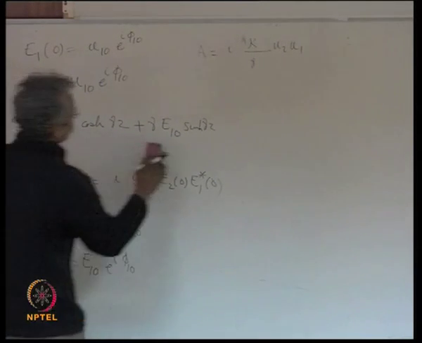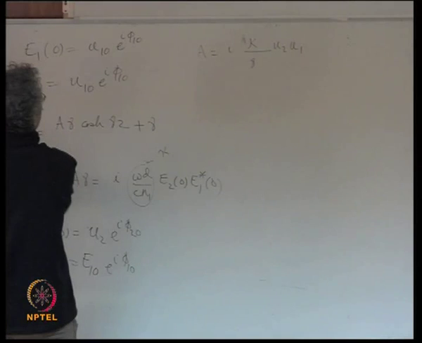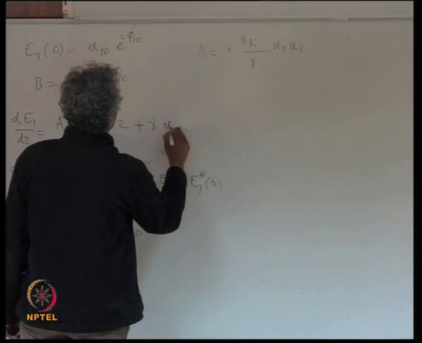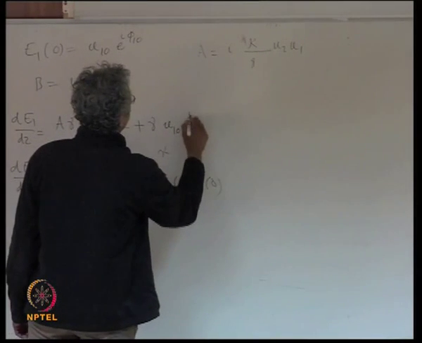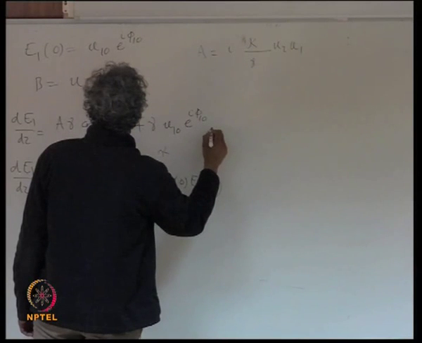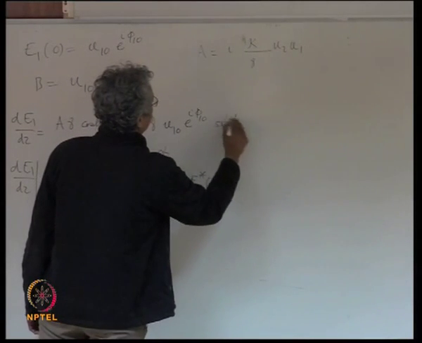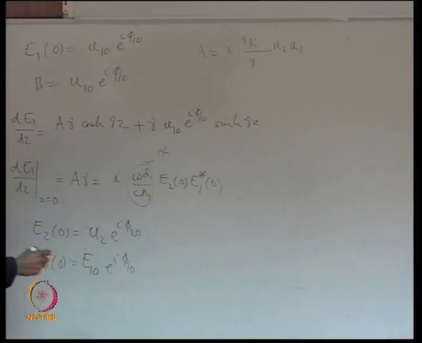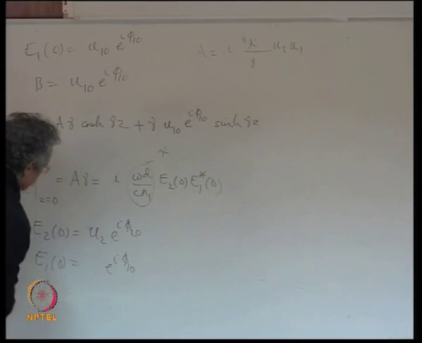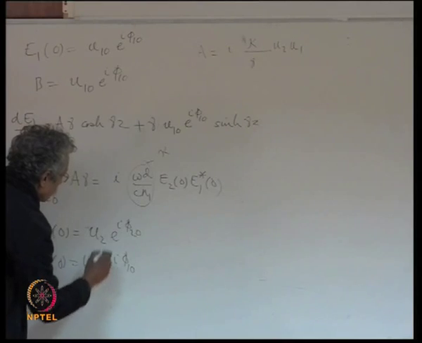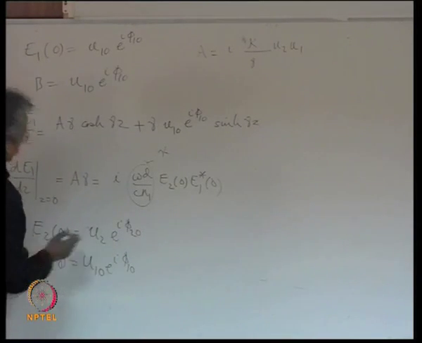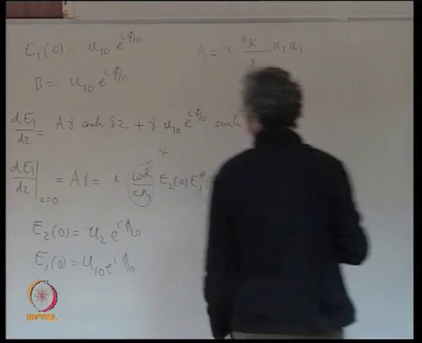And this is actually gamma. The second harmonic is constant, so there is no z dependence on E2.